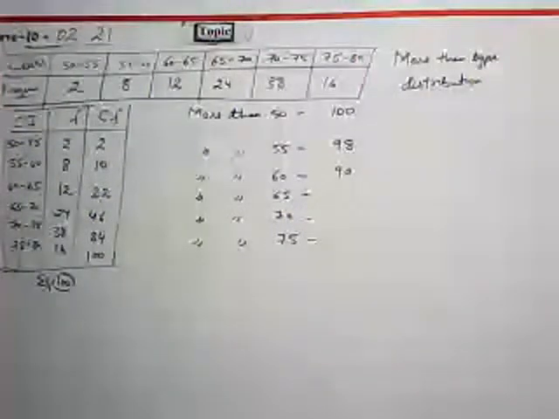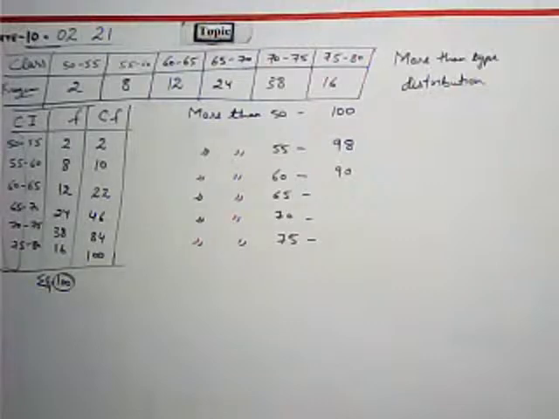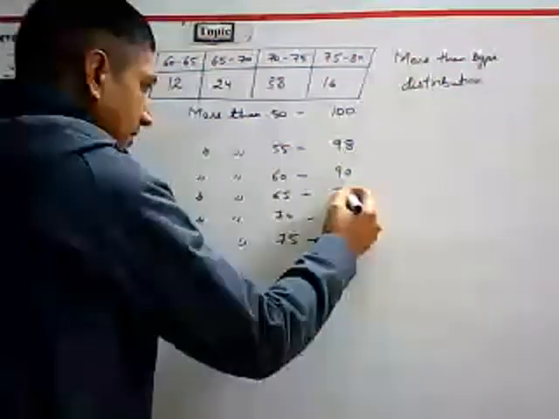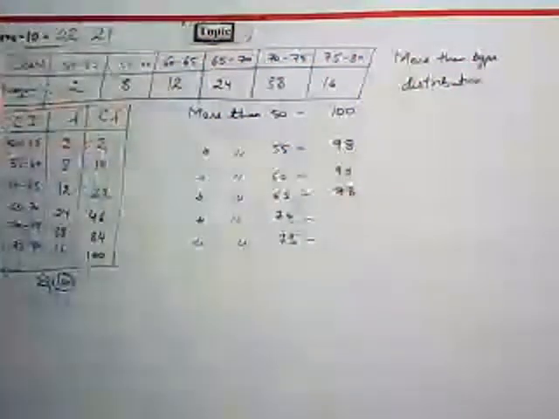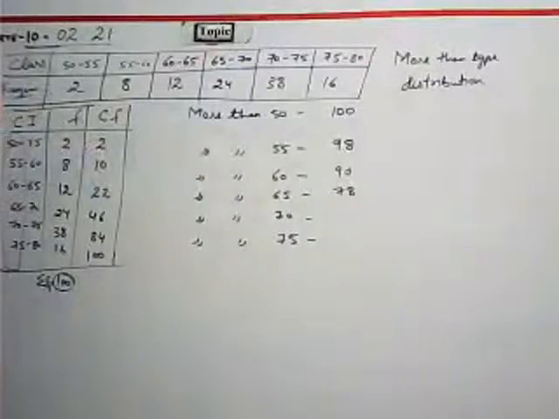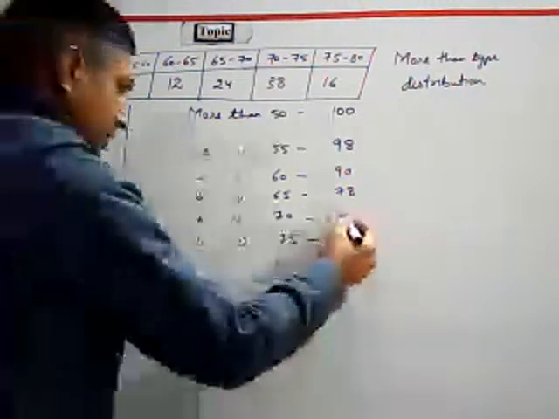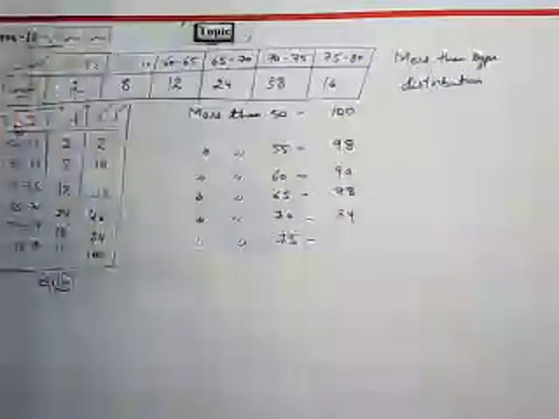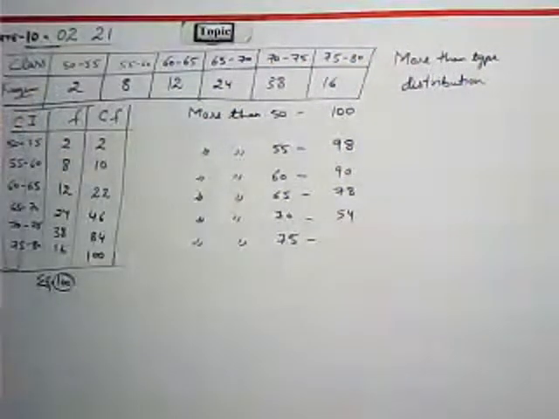So next, more than 65, so here it is 78, and more than 70, we have 100 minus 46, that is 54, and more than 75, right?